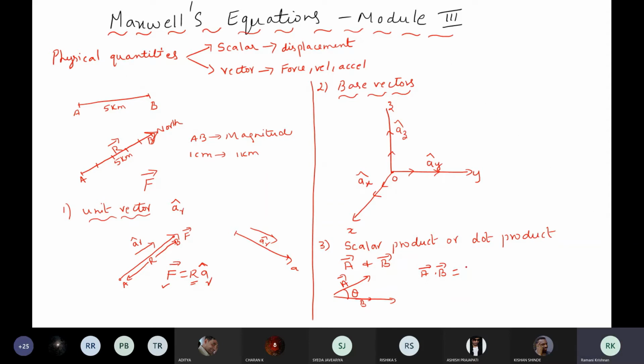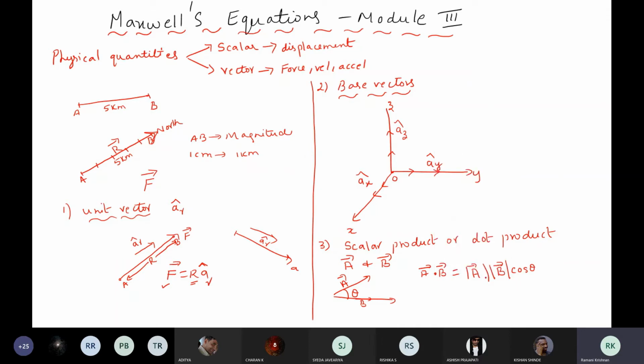You should not say that. Tell me, dot product of two vectors is the magnitude of the two vectors. This sign modulus means magnitude. Then cos of the angle between them. Scalar product or dot product of two vectors is defined as this, called A dot B. It is called dot product or scalar product.